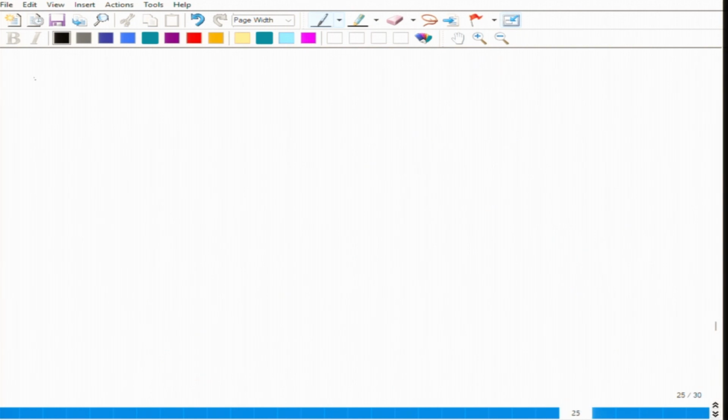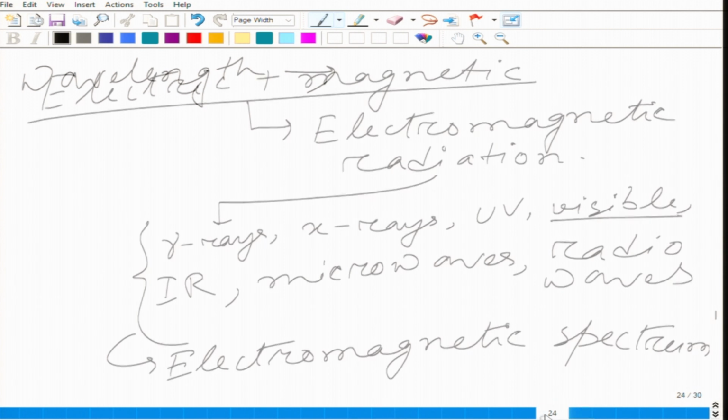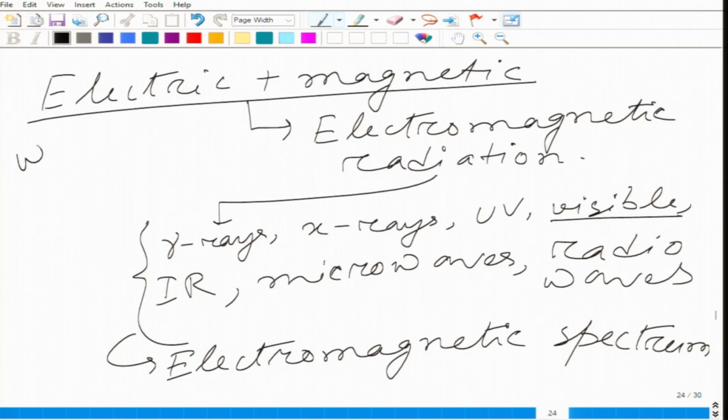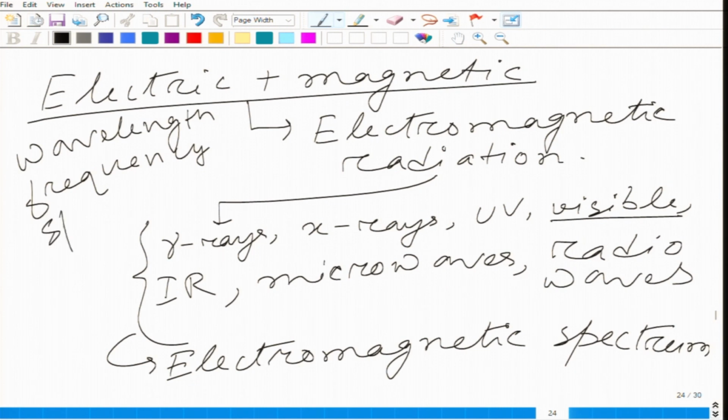Now, what is wavelength? Every kind of radiation has these three factors: wavelength, frequency, and speed. These are the three parameters by which electromagnetic radiations can be studied.